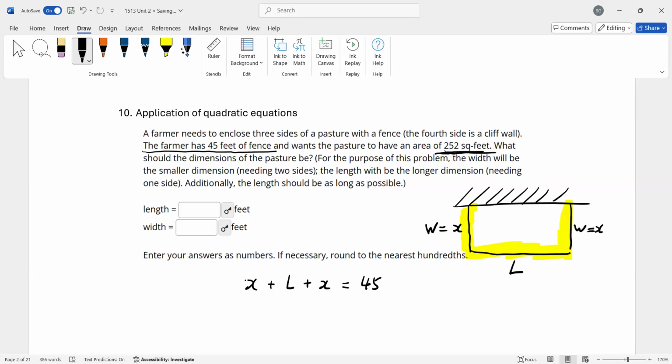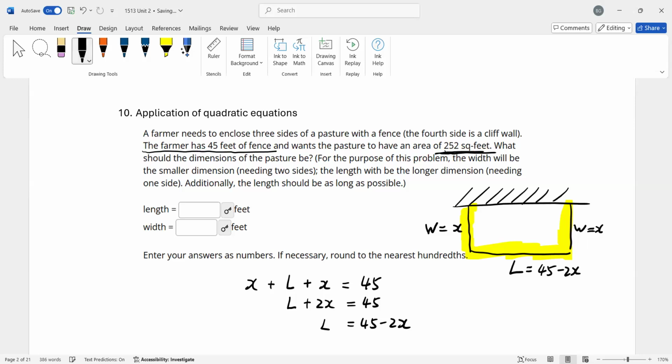On the left side of the equation, we can combine the 2 x's. Then we have L plus 2x. If we subtract 2x from both sides of the equation, we have L equals 45 minus 2x. So that's how we find the length of the pasture in terms of x.